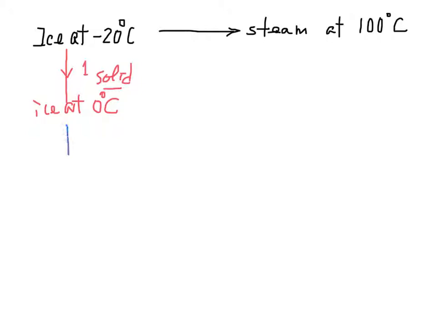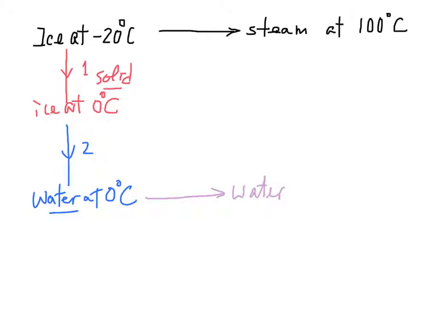In the second step, we need to change the state of the ice to become water at its melting point, 0 degrees Celsius. During this process, the state of the ice changes to liquid, which is water. In step 3, we need to change the temperature of water to its boiling point, 100 degrees Celsius.